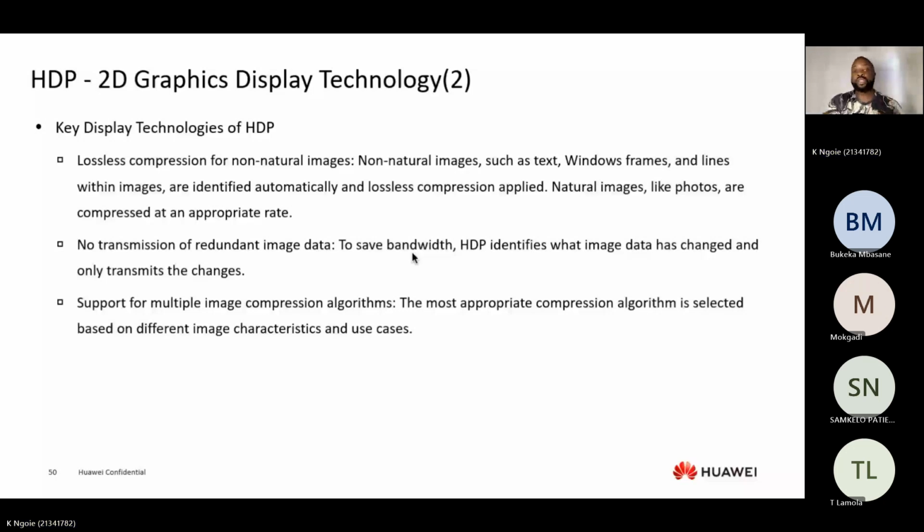Instead of sending full screen updates every time, HDP will track changes at the pixel block. It will check the changes, and only the modified data will be transmitted. So this will reduce the bandwidth usage, and it's also going to improve the responsiveness, especially when you're scrolling or interacting with the user interface.